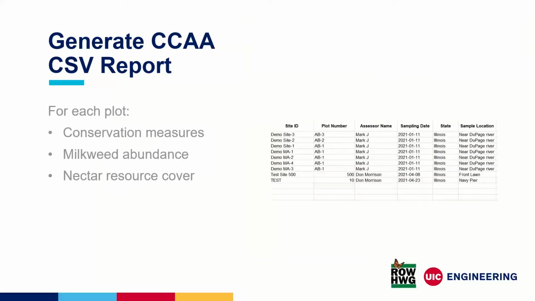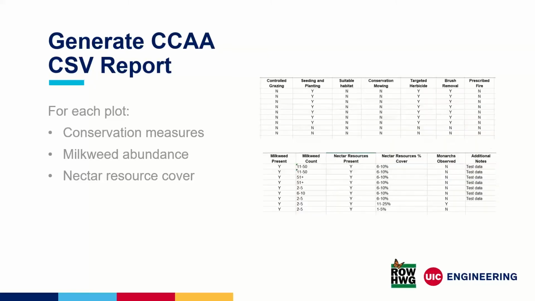The CCAA reporting tool also generates a CSV file, which aggregates data from individual monitoring plots relevant to the Monarch CCAA. This includes implemented conservation measures, milkweed abundance, and nectar resource cover. This may be helpful if your organization wants to run additional data filters or manipulate the monitoring data in other ways.